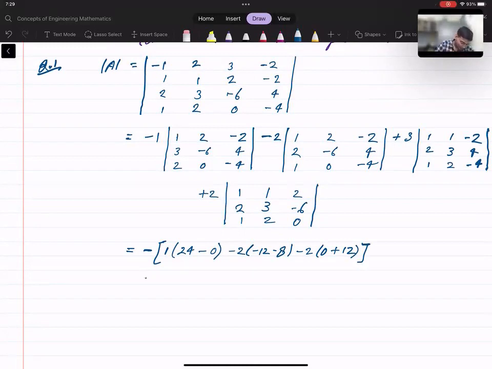Next we have -2 times the second one, which is 1 into, again 6 4s are 24, and then 4 zeros are 0. Then we have at the second place again 2. Is it correct?